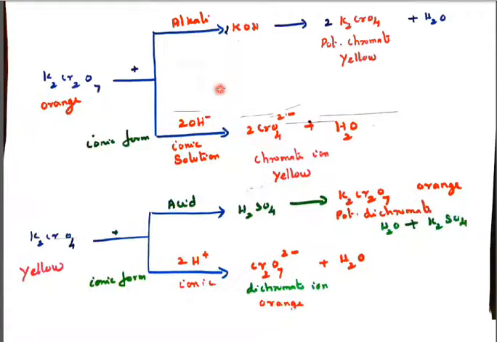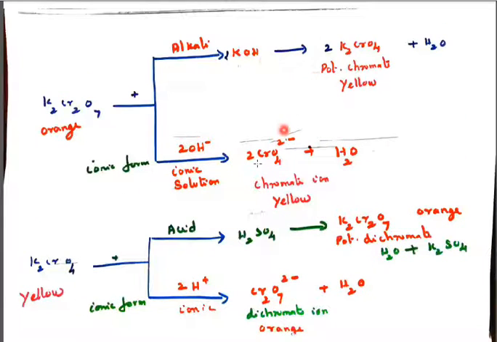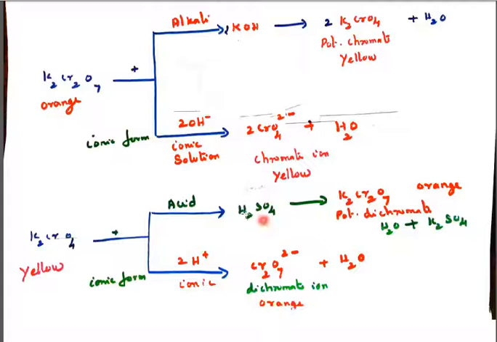Then the same potassium chromate, or CrO4 2-, when acid is added, sulfuric acid, gives potassium dichromate of orange color, with the salt potassium sulfate and water. In the ionic equation, I have written 2H+ for the acid. Base means OH-, acid means H+.